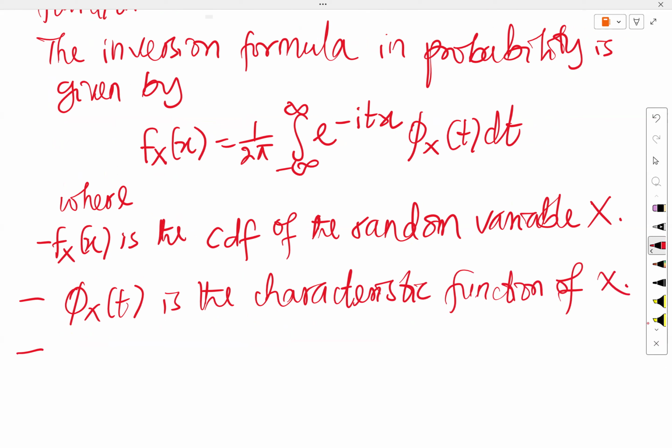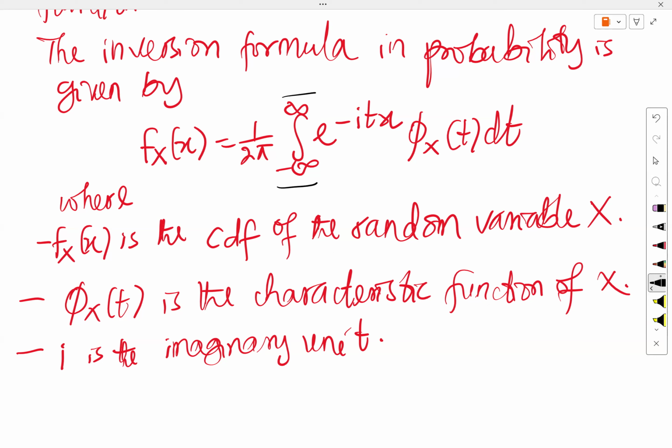Thirdly, i, of course in complex numbers, is the imaginary unit. And as you can see, the integral is taken over the entire real line, that's why it is from minus infinity to infinity. So that's about the inversion formula.